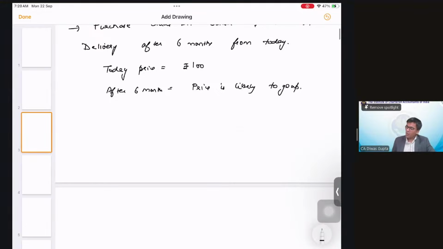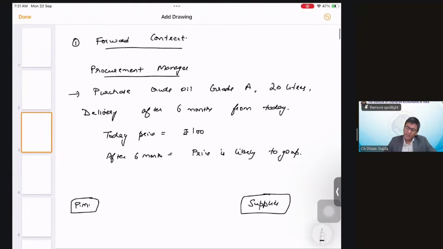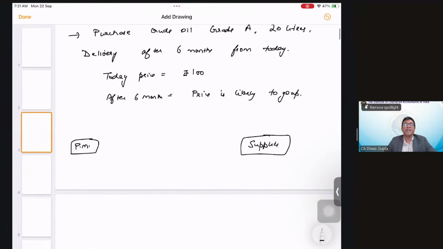Now, what does the procurement manager execute with one of the suppliers? The procurement manager goes and says that, okay, we need 20 liters of grade A crude oil. The delivery is needed after 6 months. So the supplier says that, okay, you can come after 6 months and then I will give you the stock.